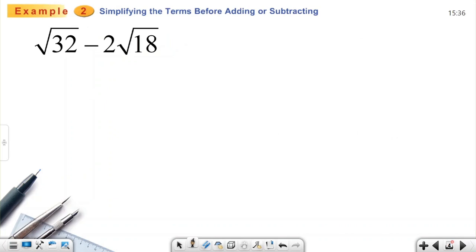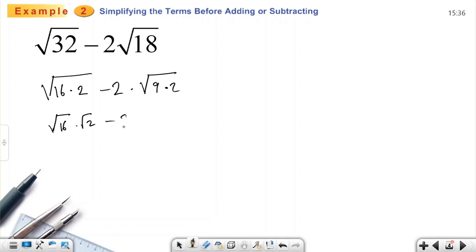So let's simplify the terms before adding. In a previous video, I told that part, if you remember how we use properties. Square root of 32 is 16 multiplied by 2. So minus 2 times square root of 18, which is 9 multiplied by 2. So you can say square root of 16 multiplied by square root of 2 minus 2 times square root of 9 multiplied by square root of 2.